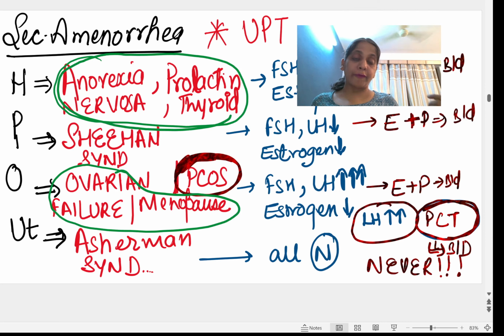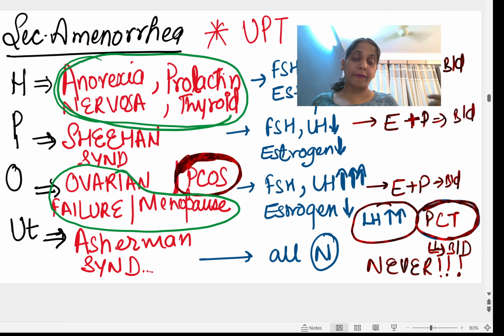Moreover, CA cervix has a long latent period of 10 to 15 years. So it gives us 10 to 15 years time to prevent that cancer. That is why screening is very successful.